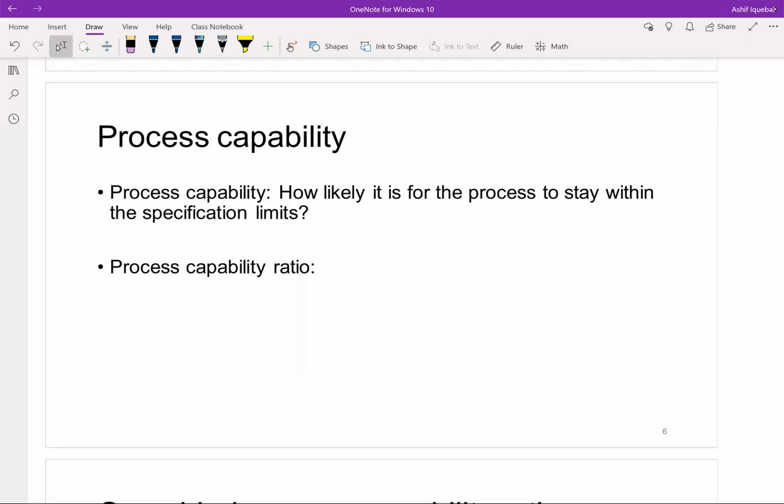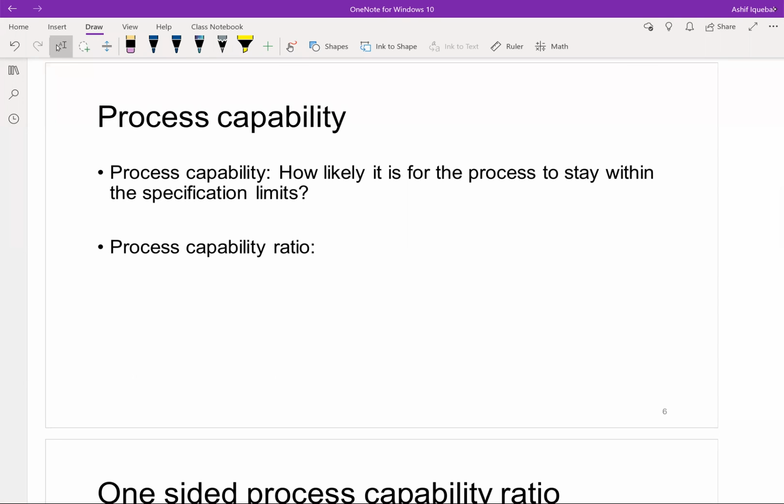And to measure this, we have a measure called the process capability ratio, denoted as CP. This is equal to the upper specification limit minus the lower specification limit divided by 6 sigma.